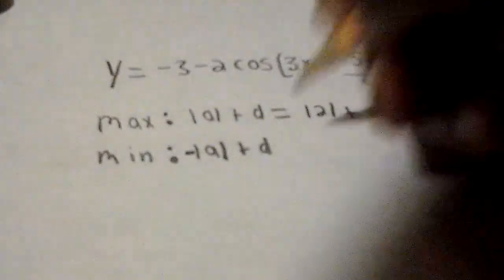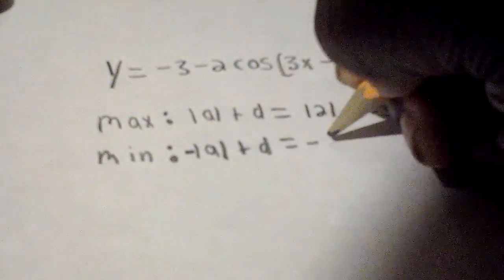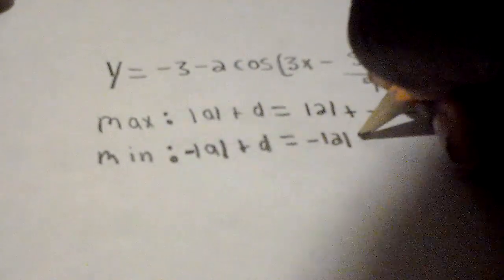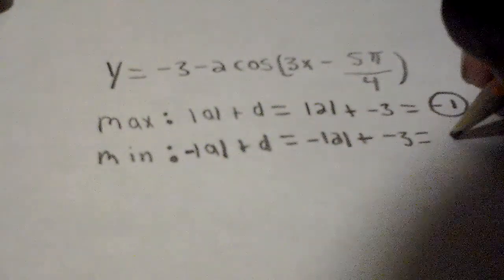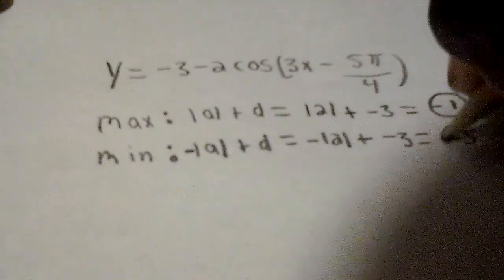Next, we'll find our minimum. This time it is negative a plus d equals negative 2 plus negative 3, which equals negative 5.